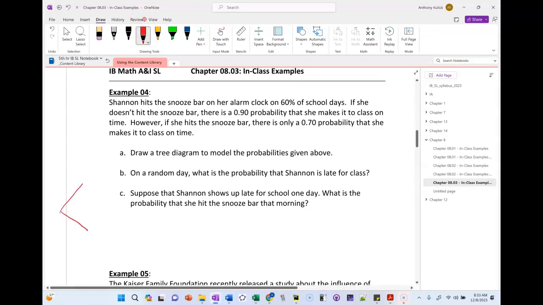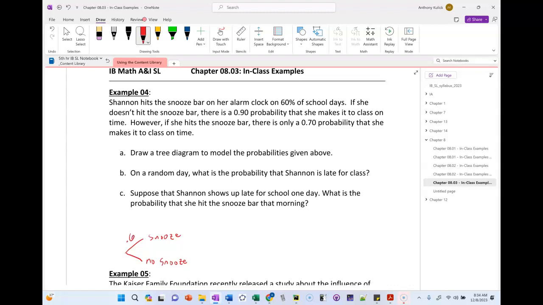So what's the first decision or the first thing that's happening here? Right, but I mean for Shannon's decisions. Okay, so we have either snooze or no snooze, right? And you said 60% we do snooze, so what do we do for no snooze? Okay, great.